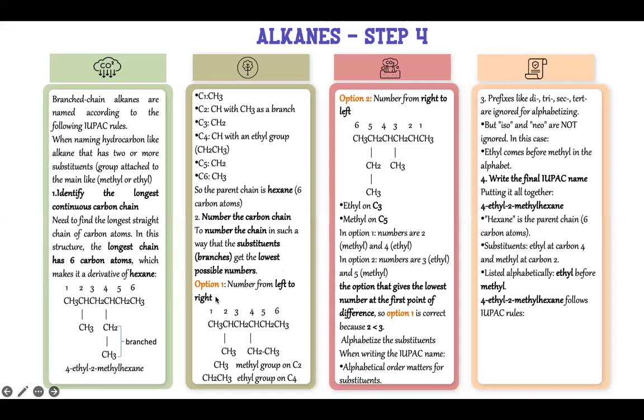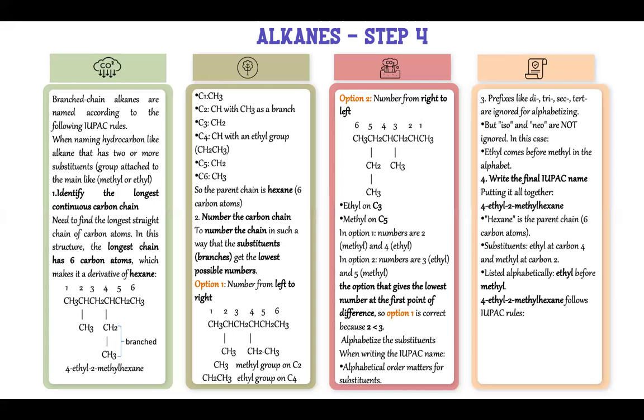Let's look at option 1, where you number from left to right. In this case, you can see that at the position of carbon 2 there is CH with CH3 as a branch, which is a methyl group.